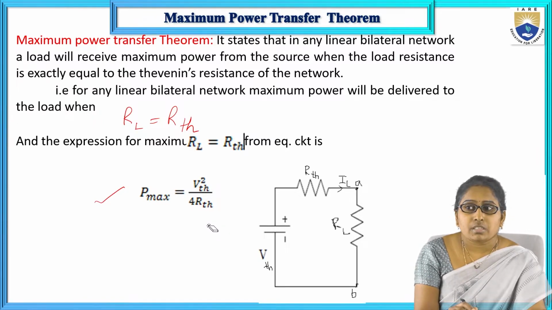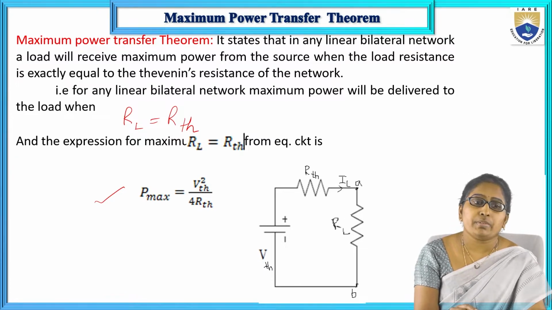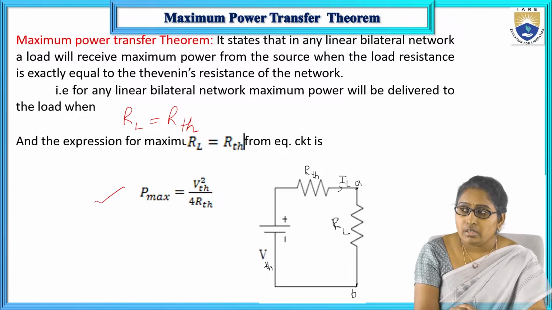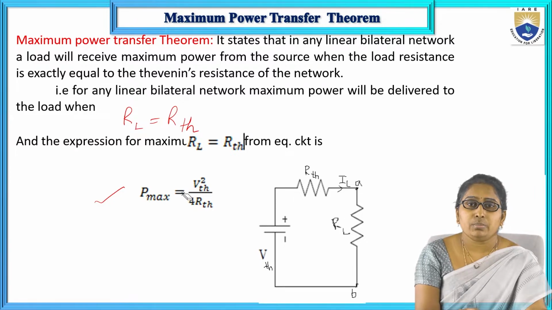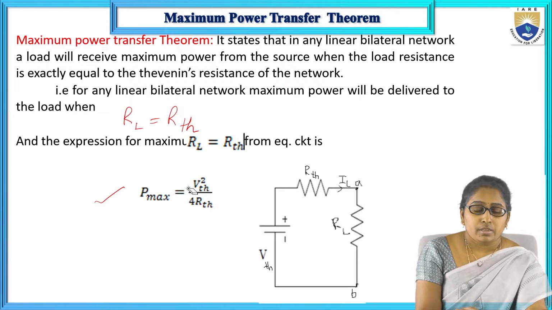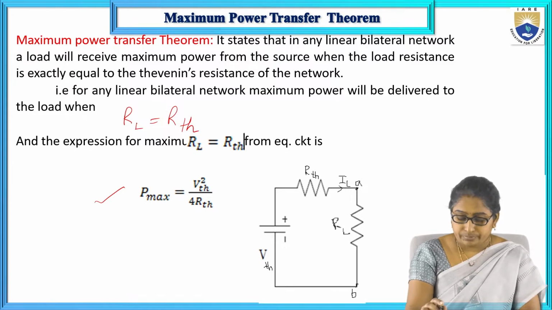So that means if a problem asks to calculate maximum power delivered to the load, then we have to calculate VTH and RTH. Only then are we able to calculate that maximum power. So that is about the maximum power theorem statement.